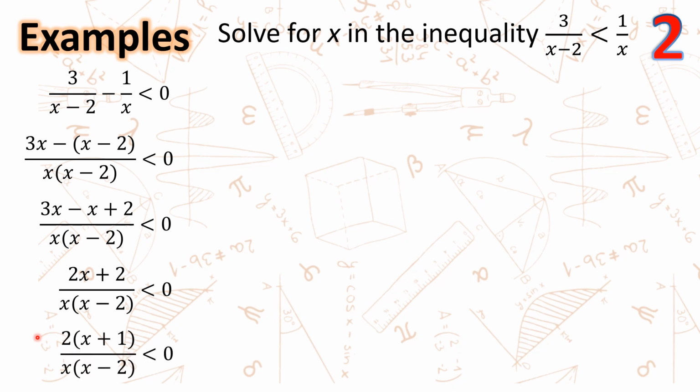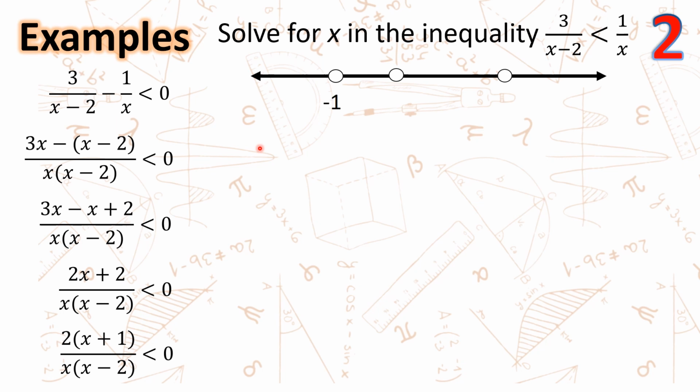The numerator can still be factored as 2 times quantity x plus 1 all over x times x minus 2 is less than 0. In the numerator, x equals -1 will make the rational expression equal to 0, while x equals 0 or x equals 2 will make the rational expression undefined.